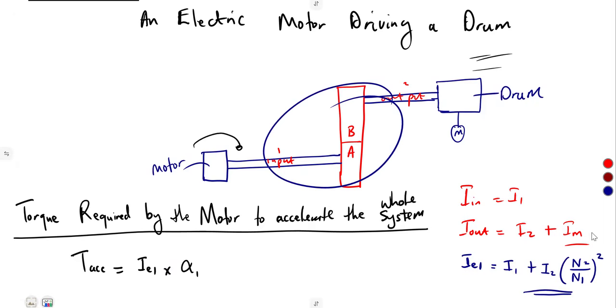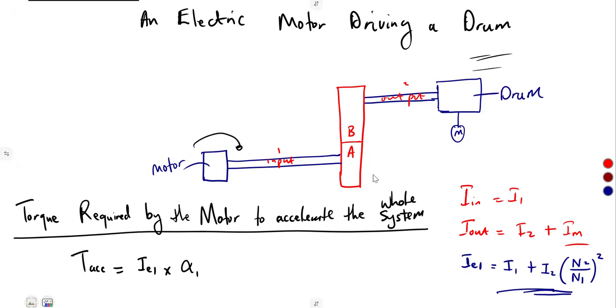This is just a layout of a simple gear train where we have an electric motor driving a drum. We had this formula before. So this is your equivalent moment of inertia. Angular acceleration you might be given, or you are supposed to calculate it according to the information given in that particular question.